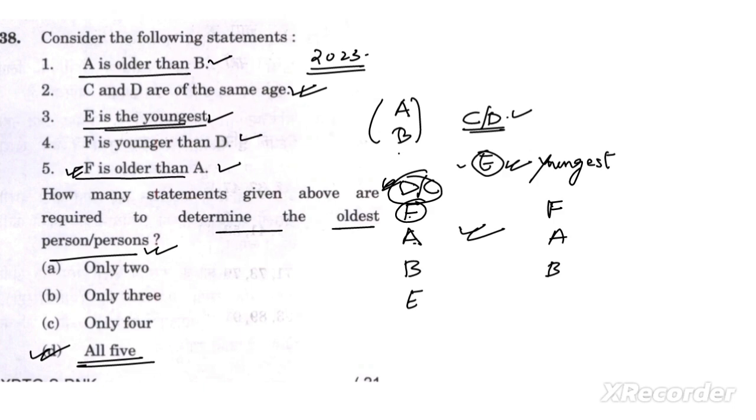Most of the time you will get the answer. Next, if you are getting the answer, you have to understand if you remove which statement you are still getting the answer, because this type of question is asked every time from this comparison topic.